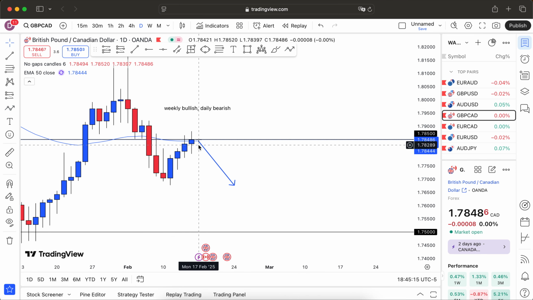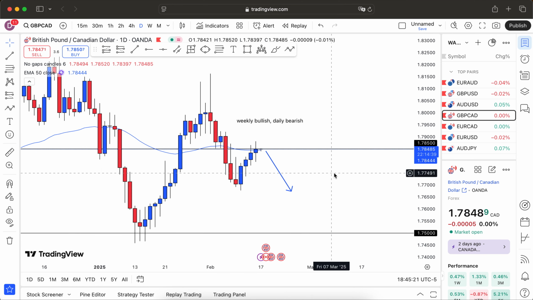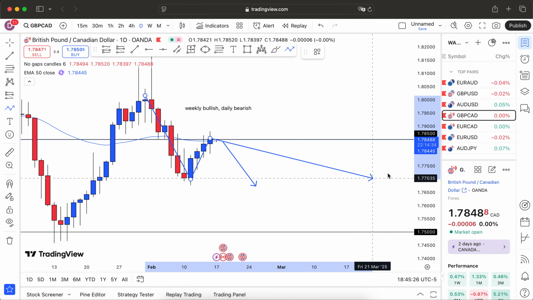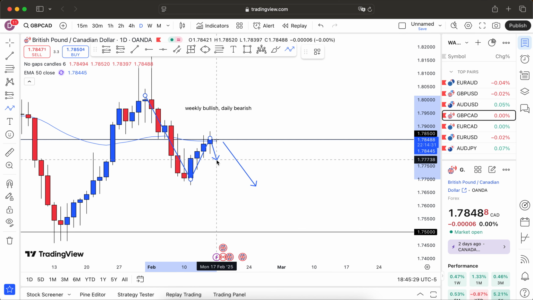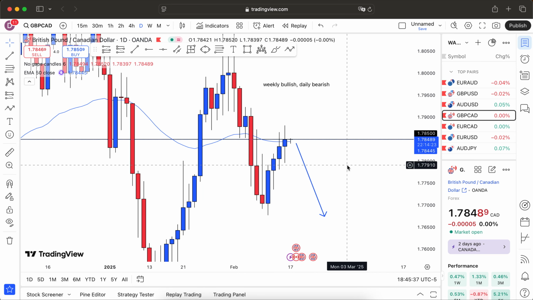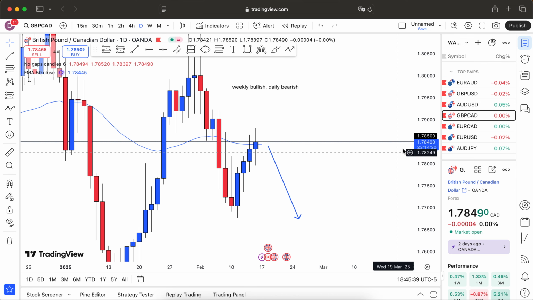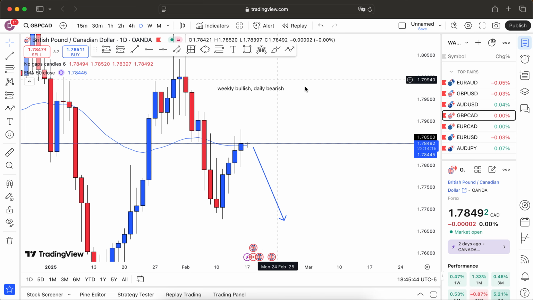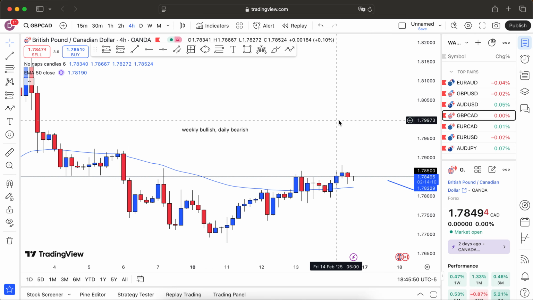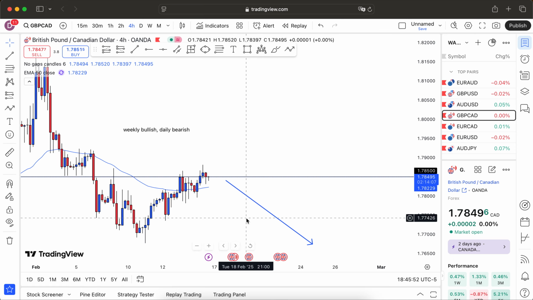Okay, so as you guys can see, our arrow here, we are only looking for the price to reject this round psychological 178,500, and it has in fact already given us a rejection candle on the daily time frame at that round psychological and at the daily EMA, right? We already see this rejection candle. So we're just going to wait to get in the right trading session, number one.